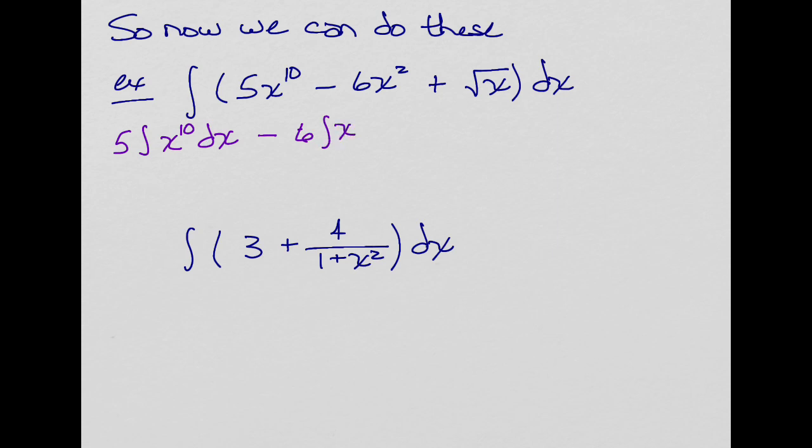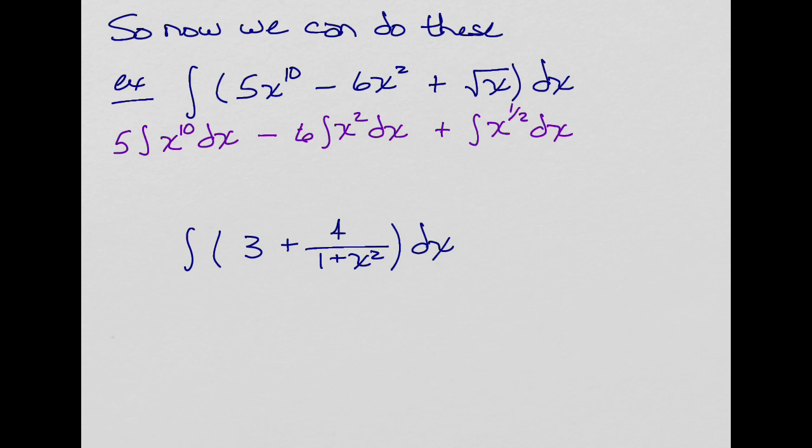Just integrate the function, making sure to put that dx with each and every part. This is x to the 1/2, which I'll rewrite that way so I can use the power rule on it easily. So now I've broken this function that was the sum of three functions into three component parts, and I've put the constants out of the way on the outside.